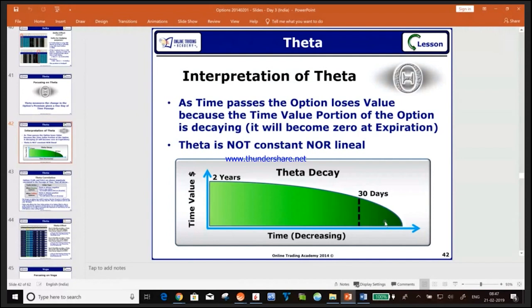But who is responsible for reducing this time value? Theta. So isn't it that when more time value, lesser theta, and lesser time value, more theta? I mean, lesser time to expiry, more theta. So that means as expiration approaches, the theta is going to increase to reduce the time value component.